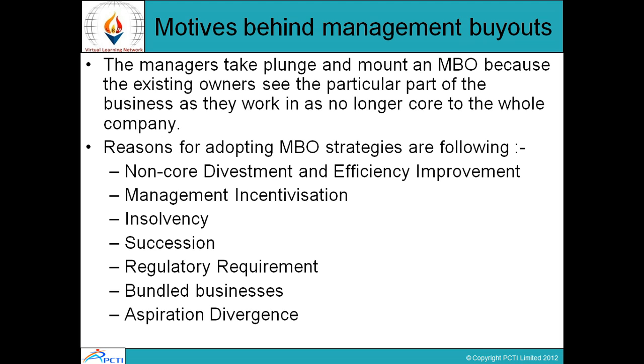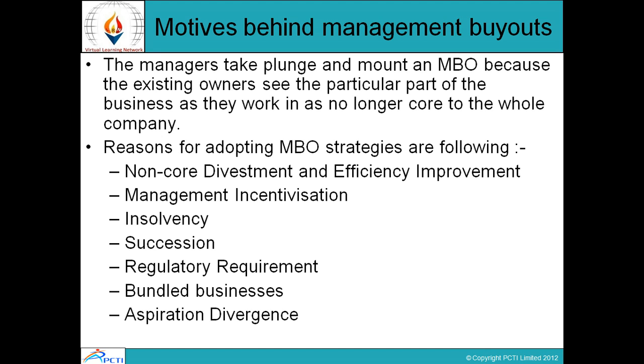Motives behind management buyouts: one reason many managers take the plunge and mount an MBO is that the existing owners see the particular part of the business they work in as no longer core to the whole company. They could be planning to sell it or even close the operations.